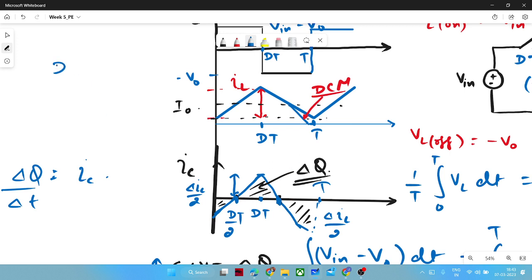Dt, yes, sir, if it is 0.5 duty cycle. Sorry, I can't hear you. Sir, this first timestamp is dt by 4, not t by 4. T by 4, yeah, yeah. T by 4, it will be dt, it will be 3t by 4.